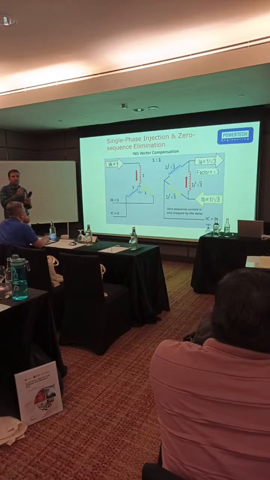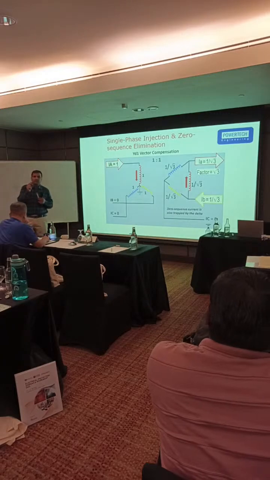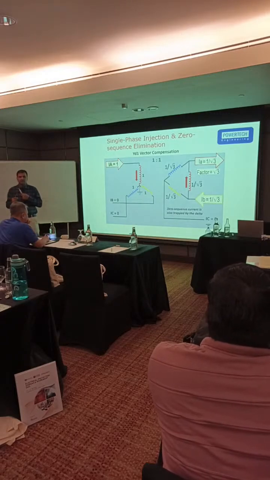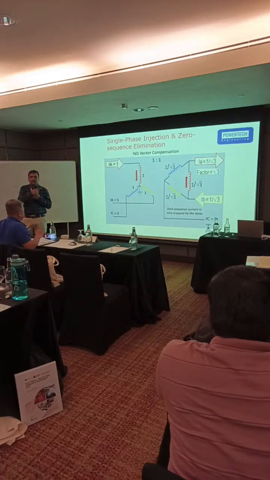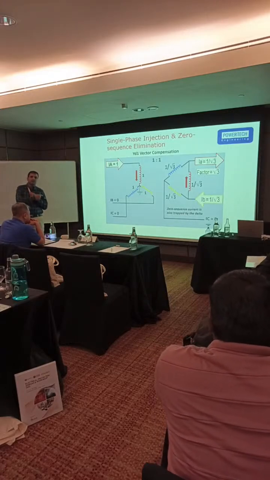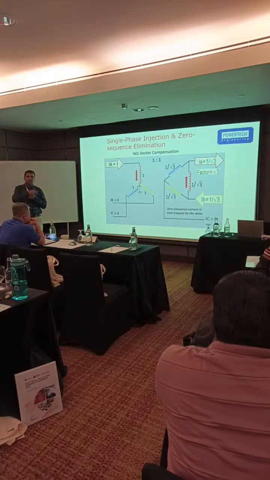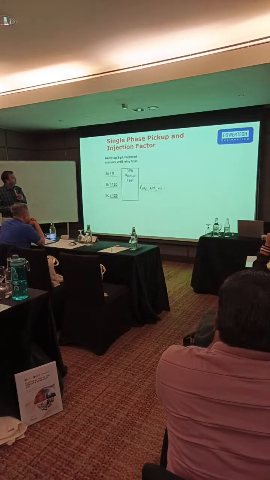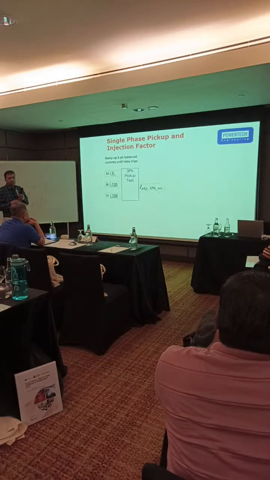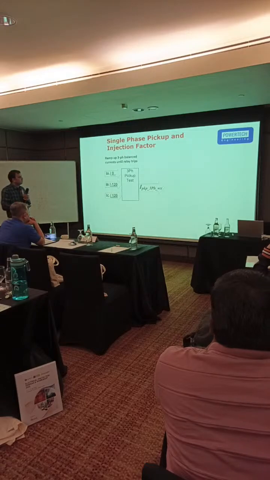That is why, if you see in the software when we are doing the single phase differential testing, on the star side one current will be there; suppose we are injecting the R winding, then you will see in the delta side there will be two currents to balance this one. So this is how we calculate the zero sequence compensation.